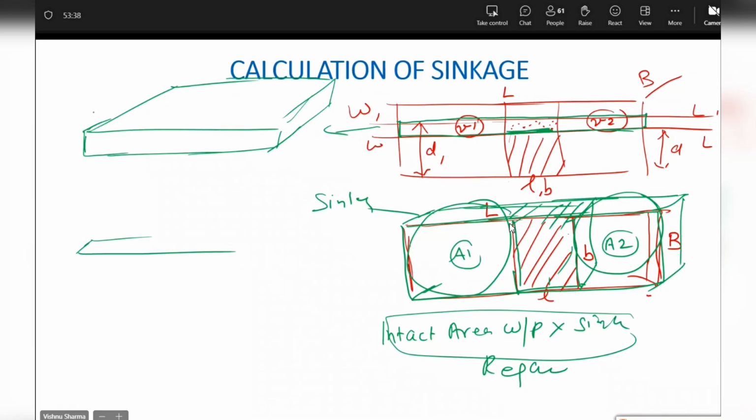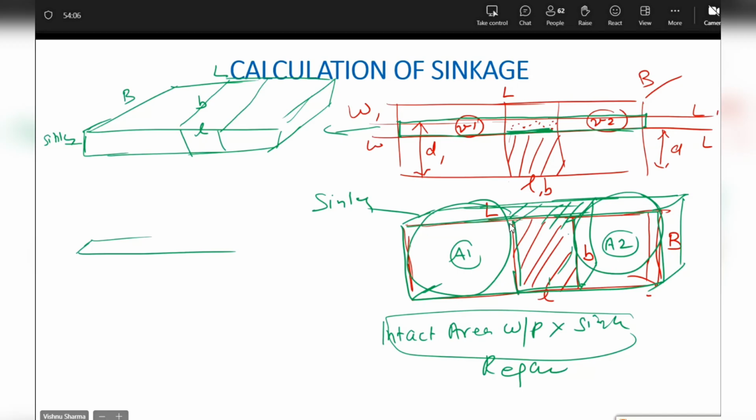Okay. This book had length L, breadth B, and sinkage as height. What is the volume of the whole book, beta? Length, breadth into sinkage. Very good. Now, if I remove this much of the book, I cut out this much of book of length l, breadth b. Is the volume of the book reduced?